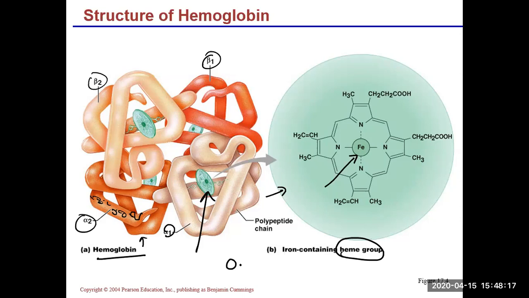Oxygen molecule is O2. So you could put one O2 here, one O2 there, one here, and one there. A particular hemoglobin can transport up to 4 molecules of oxygen, and that's just one hemoglobin. Remember, in the red blood cells, you have so much hemoglobin.